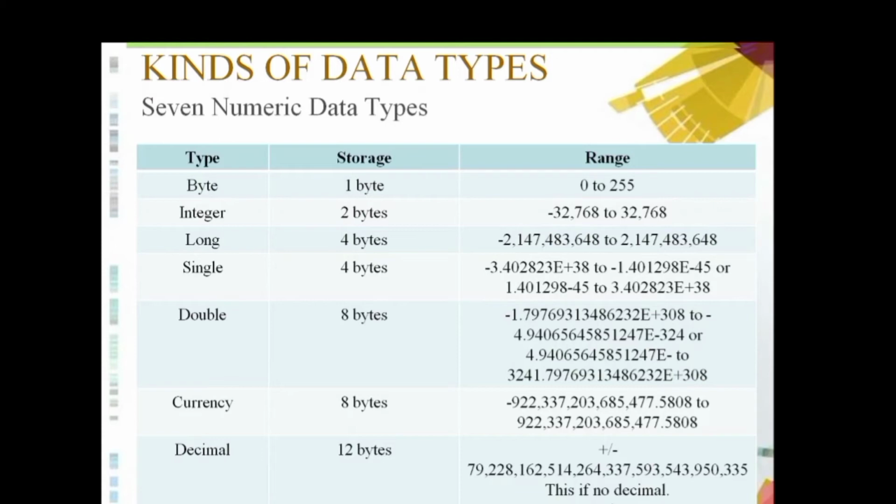Integer is 2 bytes, with a range from minus 32,768 to positive 32,767. Then long, single, double, currency, and decimal also. These are the different types of data types that we can use in the Visual Basic programming language.